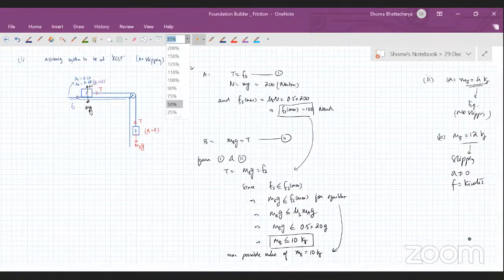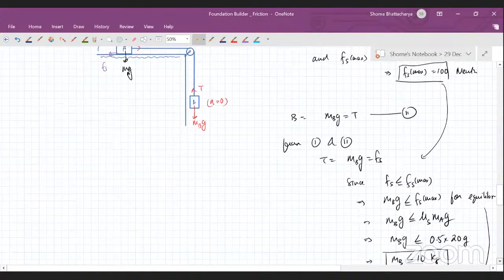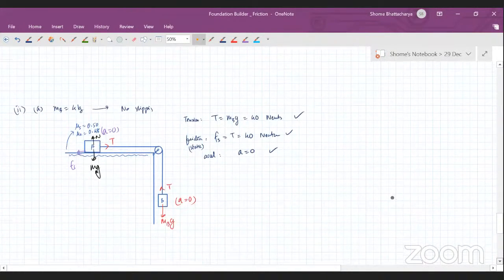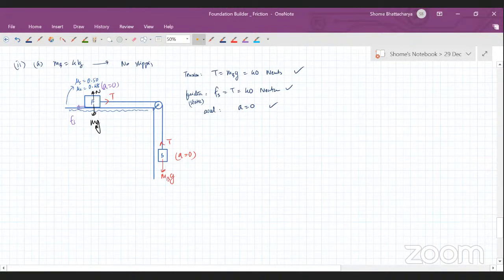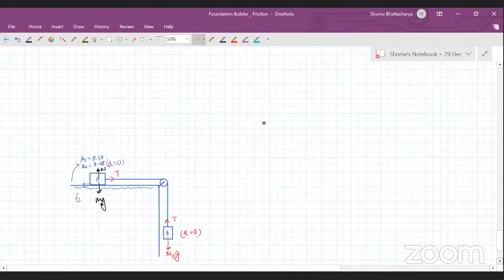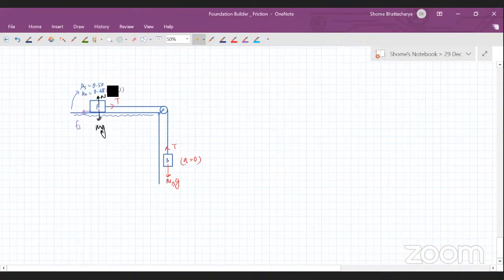So now let's come back to the second part of the question. So initially when this mass is 4 kg, this is what is happening. Now let's see what happens when we take the mass to 12 kg instead. So now there will be a change in how the system behaves. The moment we take 12 kg, now A slips.